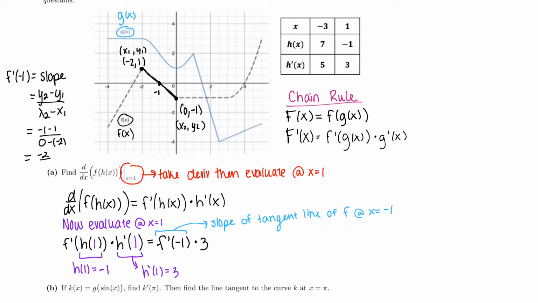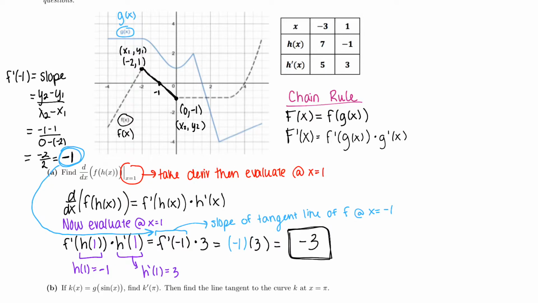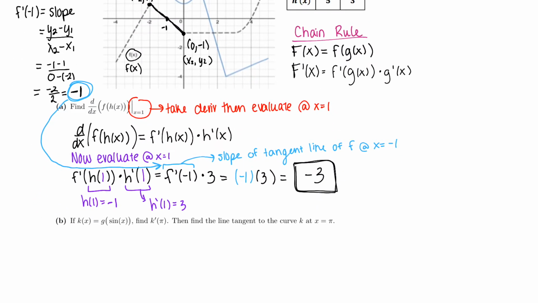So that's negative 2 over positive 2, which is negative 1. So this comes out to be negative 1 times 3, and the answer is negative 3. So it's kind of working through the definitions and then being able to interpret from the graph.